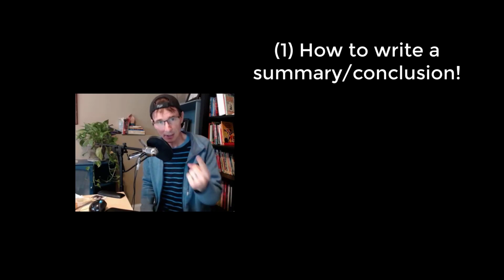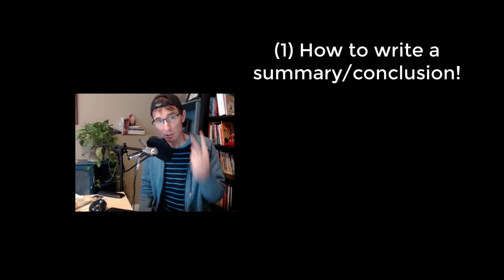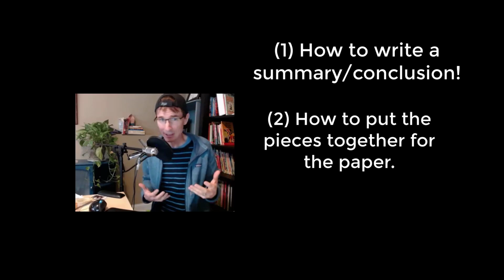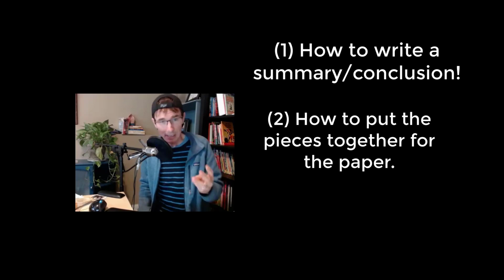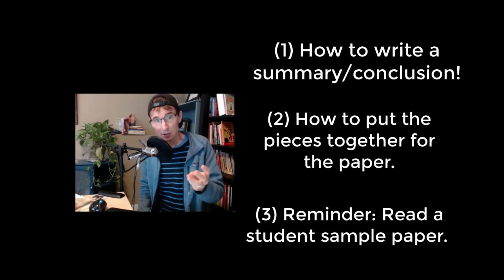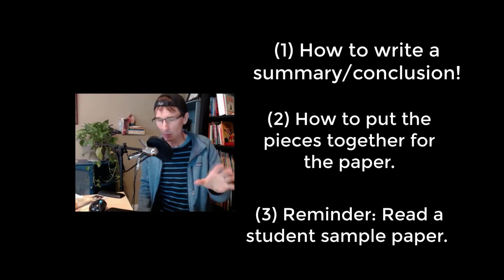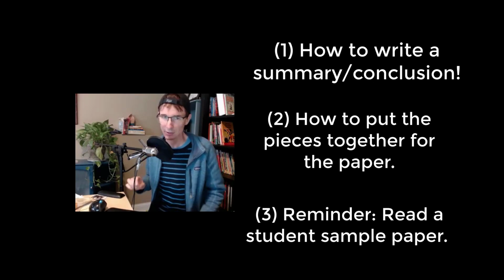Number 1, tell you about how to write a good summary conclusion for this paper. Number 2, to show you how to put all the pieces together. You almost have it all done. 3, to remind you that you're going to need to read a student sample paper and post a little discussion on the discussion board. So important, it'll give you an overall feel for how to do this paper.